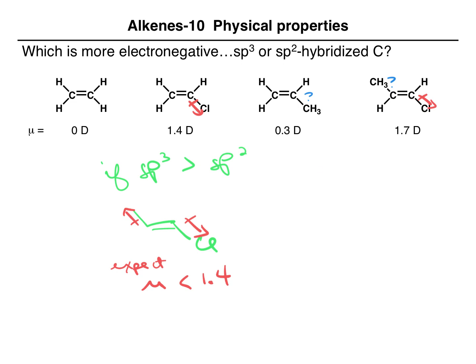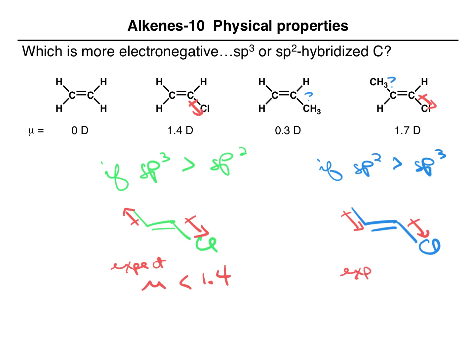On the other hand, if sp2 is more electronegative than sp3, then we know that chlorine is pulling away, and this bond dipole would be going in this direction.